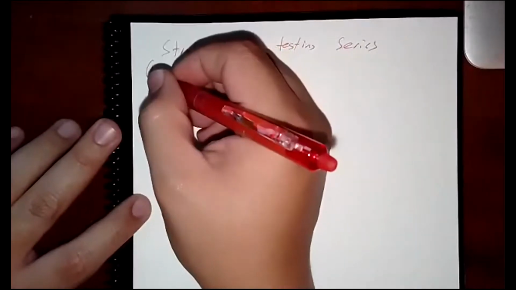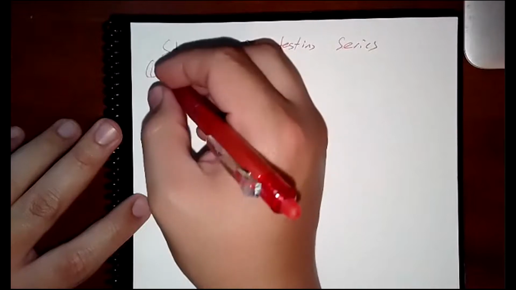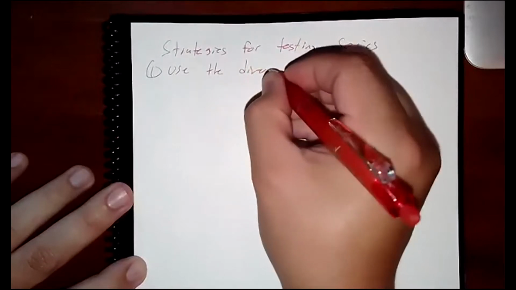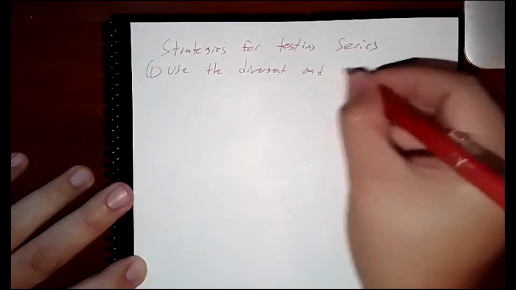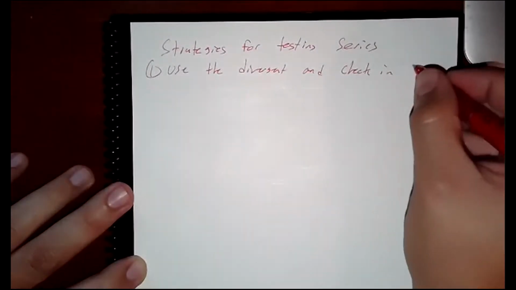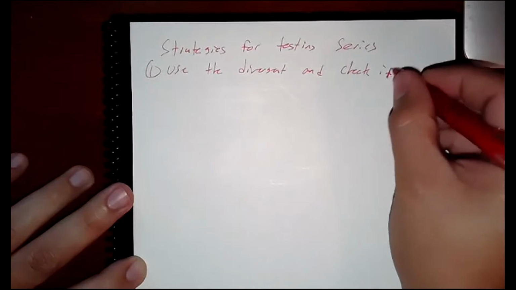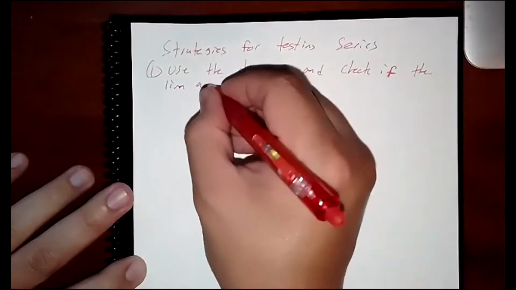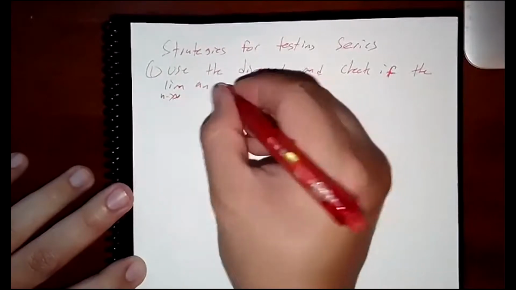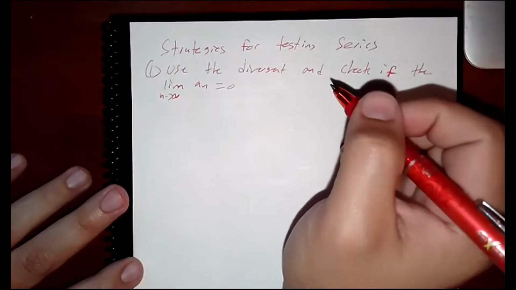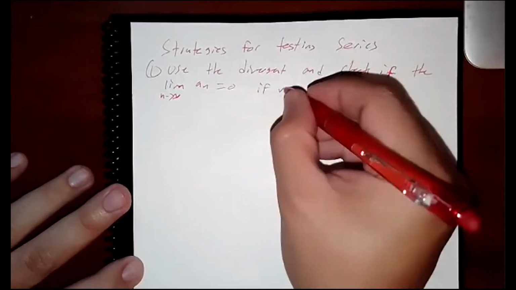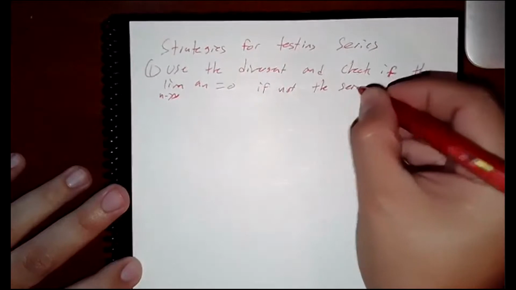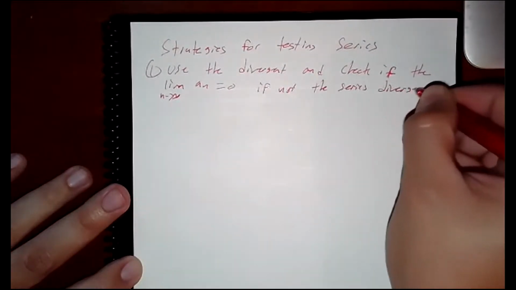Number one, use the divergence test and check if the limit of a_n is equal to 0. If not, the series diverges. That's the first thing you should be checking.